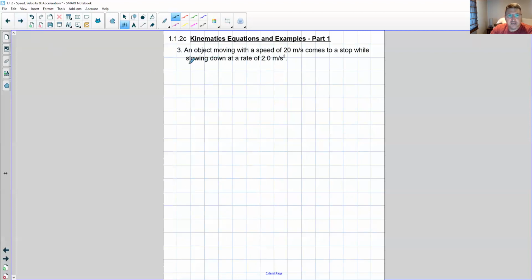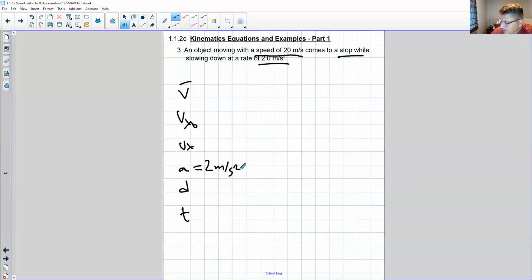All right, an object moving with a speed of 20 meters per second comes to a stop while slowing down at a rate of 2 meters per second squared. Well, let's stop and think about this for a second, right? So V average, Vx naught, Vx, acceleration, distance, and time. Our acceleration, 2 meters per second squared.